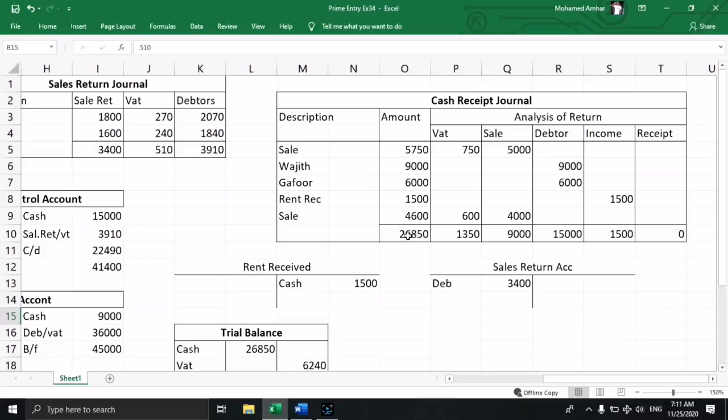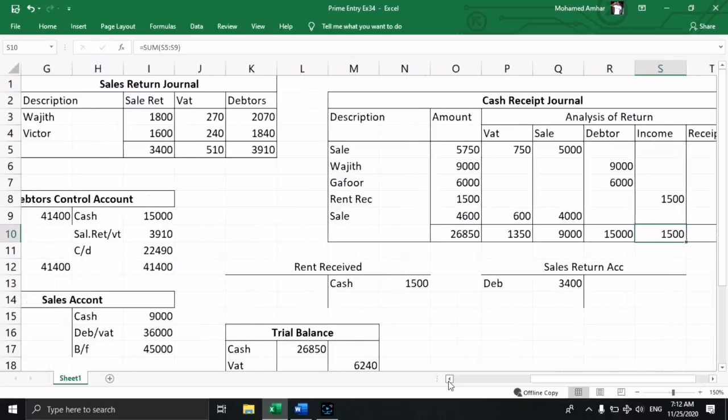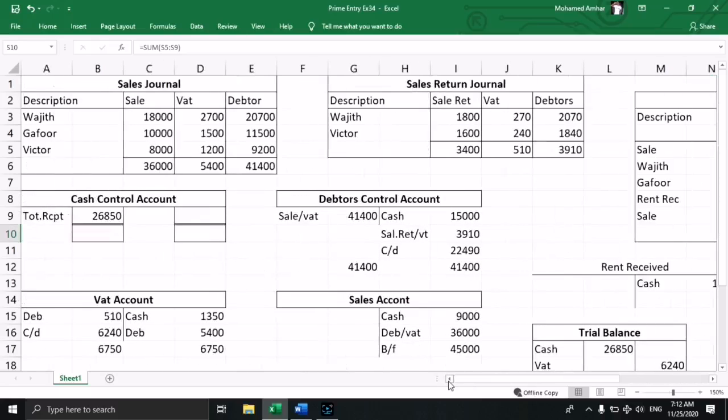So you can debit this total amount in the cash control account, or instead, you can debit this column totals one by one in the cash control account. So it is easy. You can debit the total amount 26,850 in the cash control account. So the total is debited.